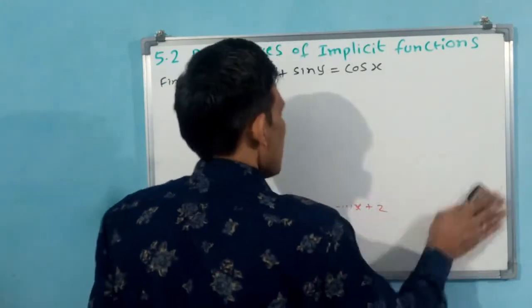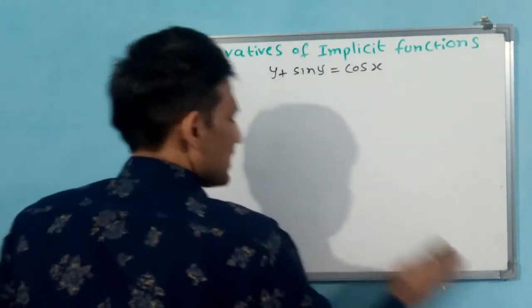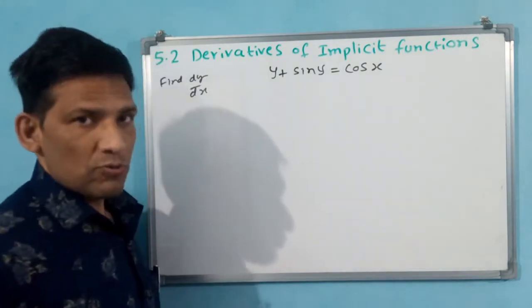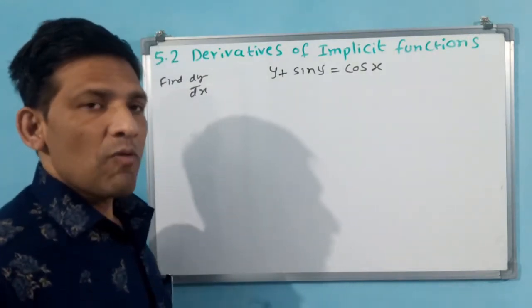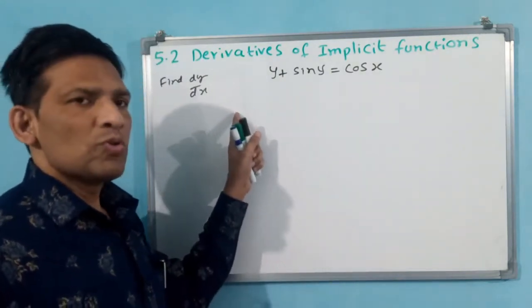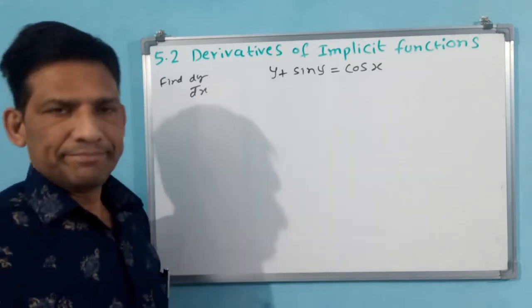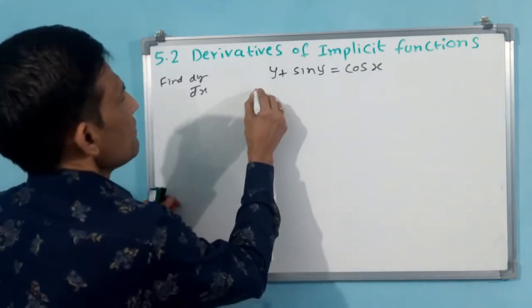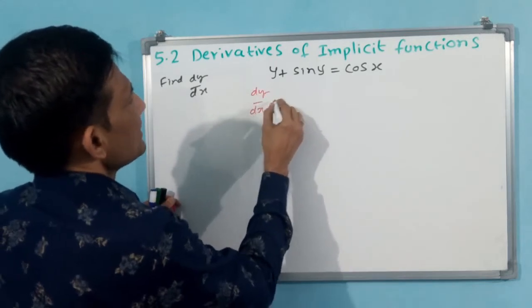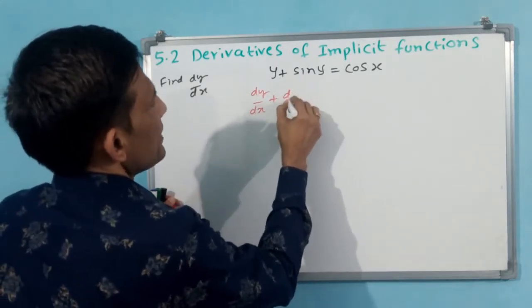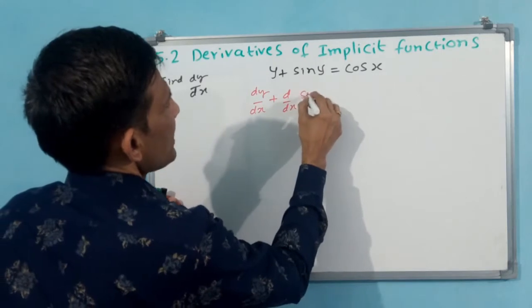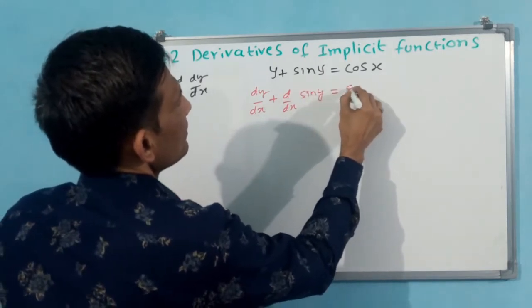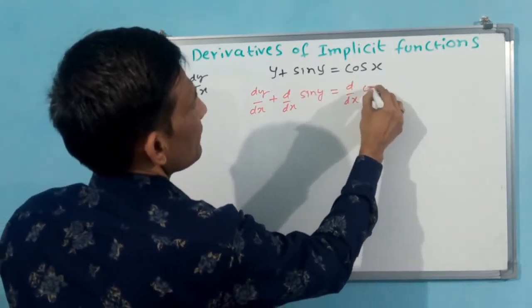Now how to tackle these implicit functions, I am going to explain to you. What you have to do is take the derivative on both sides. You see what I am doing: dy by dx plus d by dx of sin y is equal to d by dx of cos x.